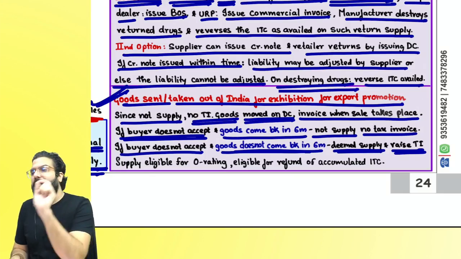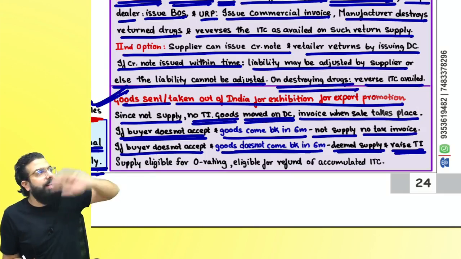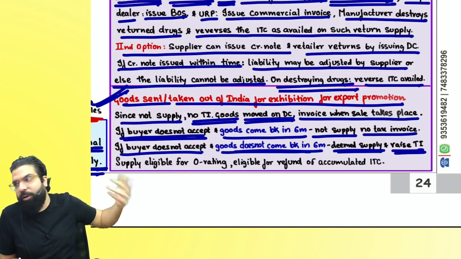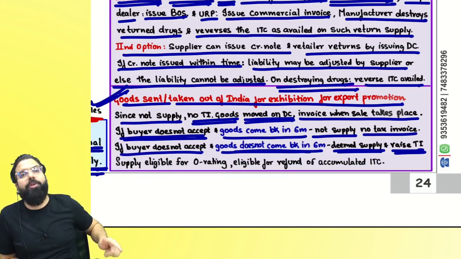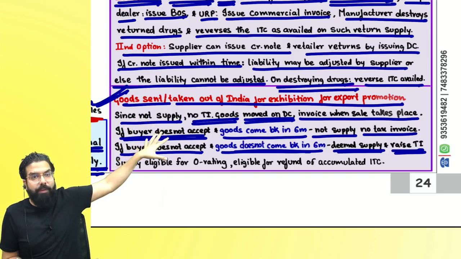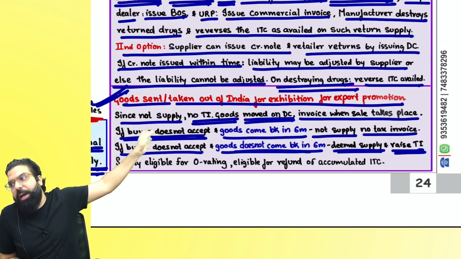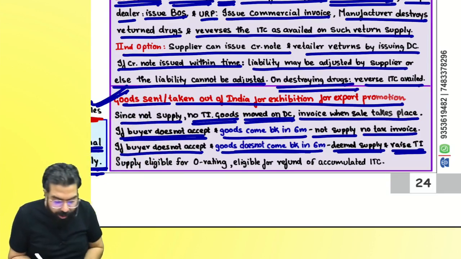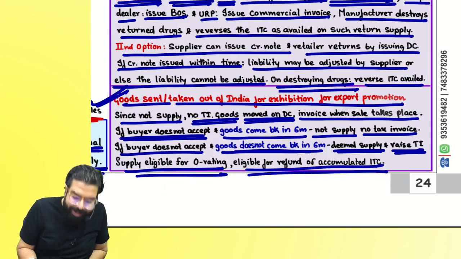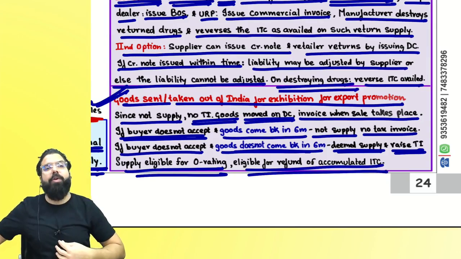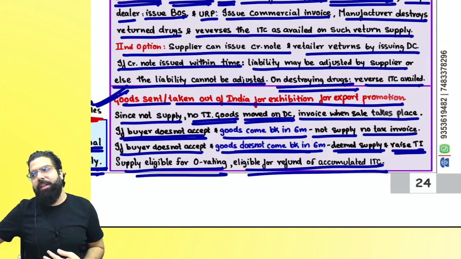Always remember, whenever it is a supply, because at that time of going it was not a supply, so it was not zero rated supply, you were not required to pay any IGST. But supposing now the supply materialized, you went ahead and took it outside India and the supply has materialized, then in that scenario you will be eligible for zero rated supply benefit. You can go ahead and take ITC refund. So you can get ITC refund in that scenario.